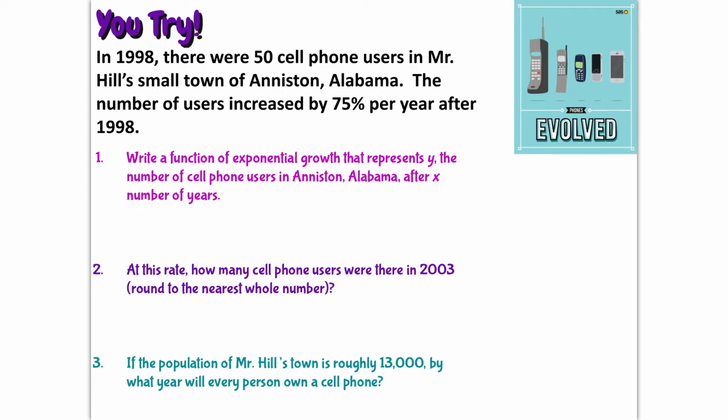Then, at this rate, how many cell phone users were there in 2003? Round to the nearest whole number, because you're talking about people and you can't have 0.5 of a person. And then number 3 is, if the population of Mr. Hill's town is roughly 13,000, by what year will every person own a cell phone?